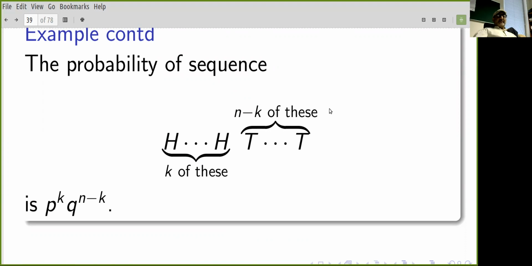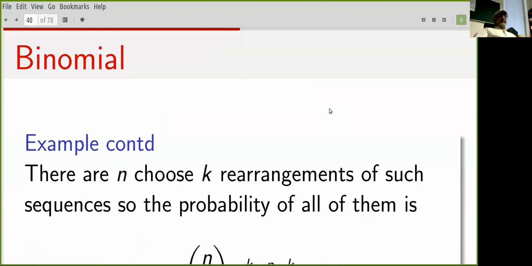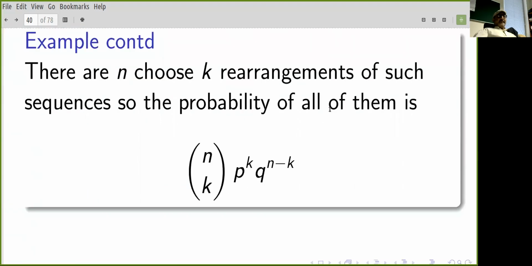How many such sequences are there? There are n choose k of them. So the probability that you toss a coin n times and you get k H's, with the probability of getting an H being p and the probability of getting a T being q, is n choose k, p to the k, q to the n minus k.